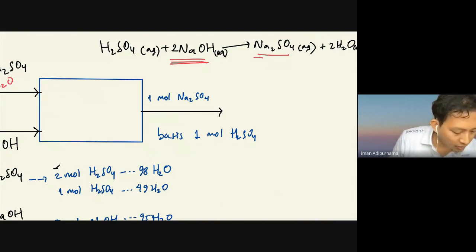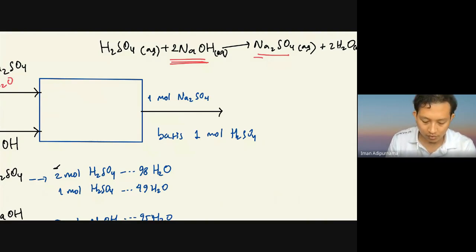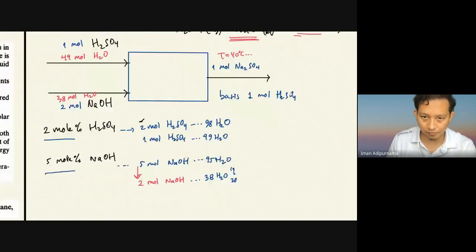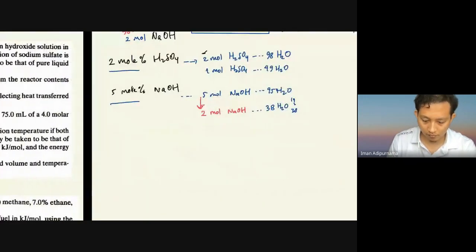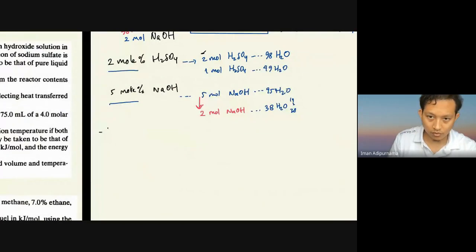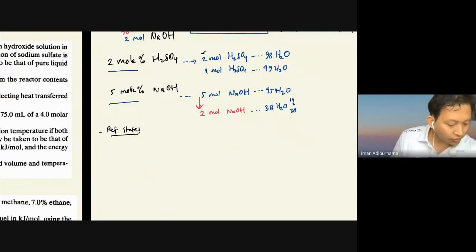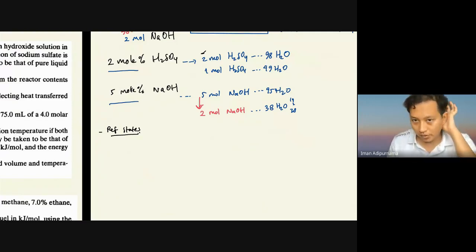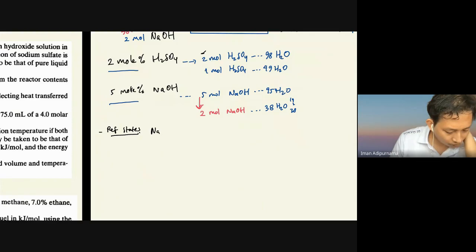Oh, part A: how much heat must be transferred if the product solution emerges at T equal to 40 degrees? So if T is 40 degrees, the reference state, as it mentions that all reactants enter at the same temperature, 25 degrees C. So first, you can look at this because heat capacity of all solutions may be taken to be that of pure liquid water.